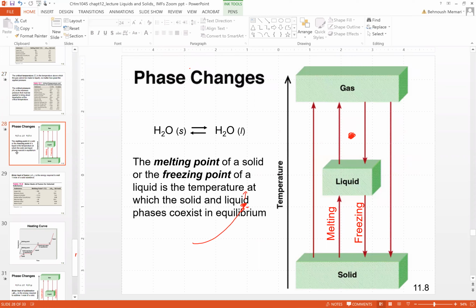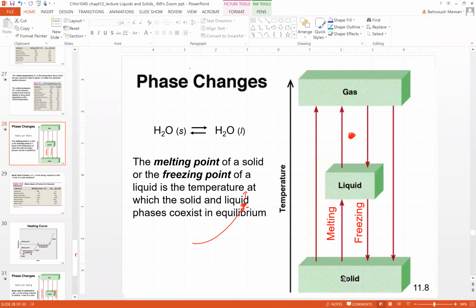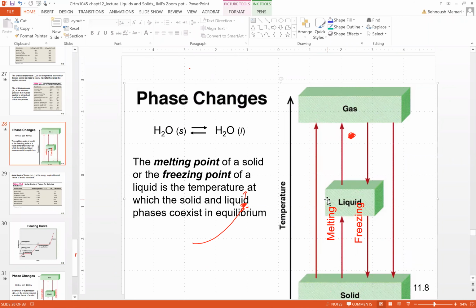Phase changes: melting and freezing, evaporation, condensation. So melting, solid changes to liquid. Freezing, liquid changes to solid. Evaporation, so vaporization, liquid changes to gas.